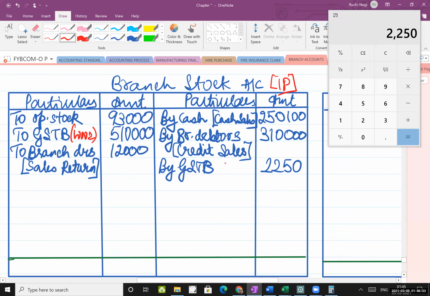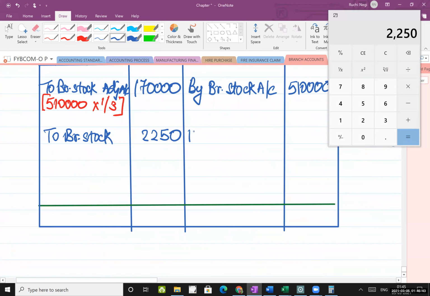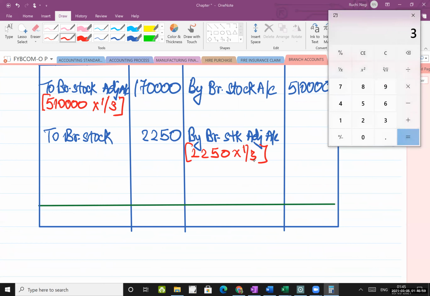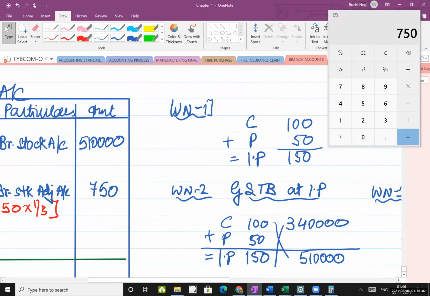Here you can write working note number 3. Okay, then give the second, I mean the loading effect. The loading will be on the opposite side by branch stock adjustment account.